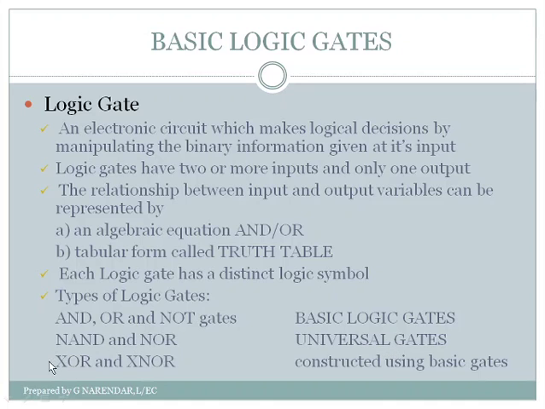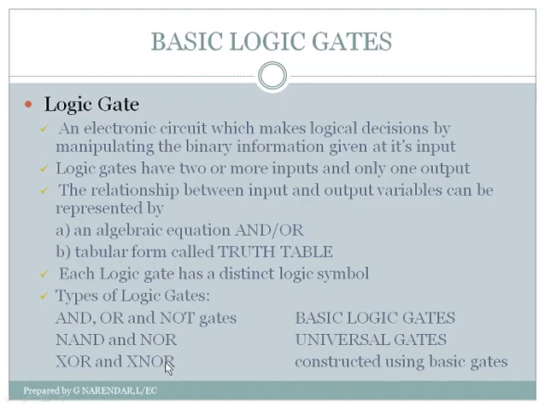And we have a third category, that is the XOR logic gate and XNOR logic gate. These logic gates do not exist directly as separate circuits, but they can be constructed using basic gates, and their functionality can be obtained by using the constructed circuits.